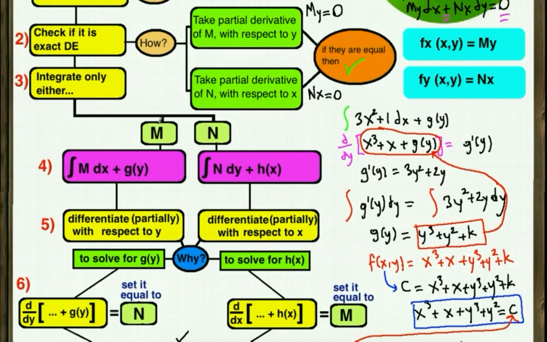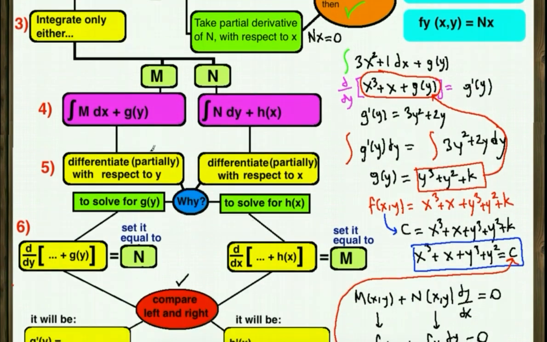Here we went through the m part. If you integrate the m part, you integrate it with respect to x and you add some function g of y. If you go this path, you integrate n with respect to dy and add h of x.